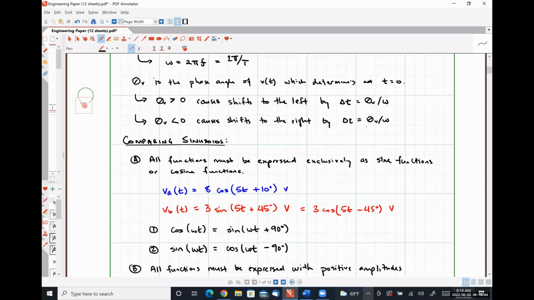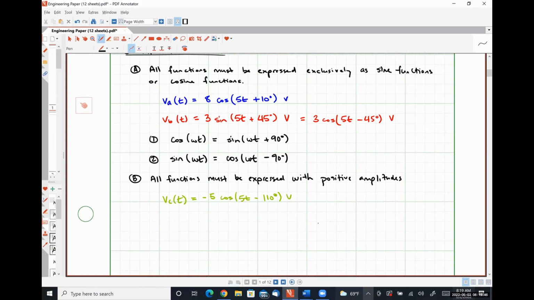So from these relationships that we just explored graphically, we can write two more trig identities. Negative cosine omega t is simply positive cosine omega t plus or minus 180 degrees.